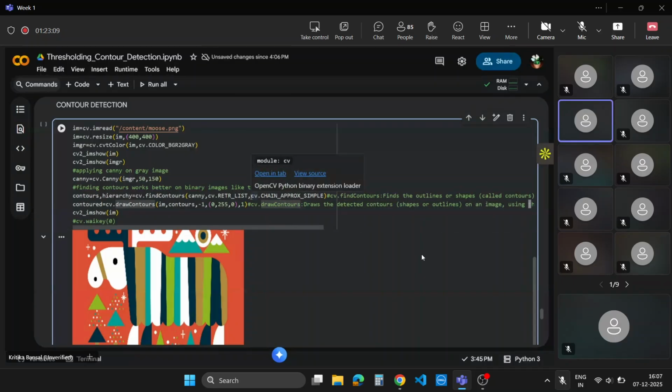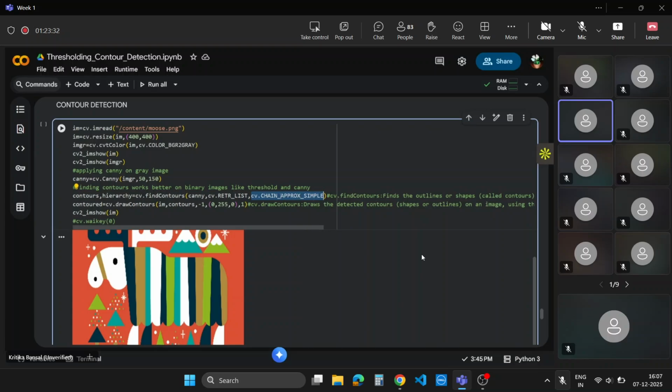Okay, and the last attribute is chain approximation. This is basically how you perceive a contour. If you have a continuous shape, for example a triangle, then with chain approx simple the contour will only be the 3 points of the triangle.